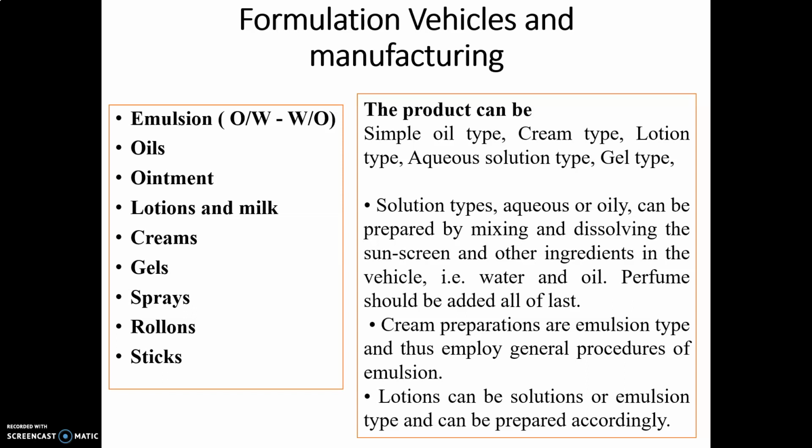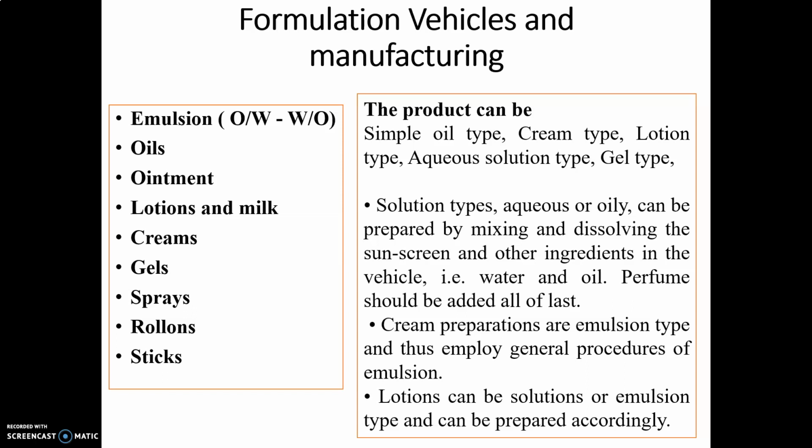So the product can be a simple oil type, cream type, lotion type, aqueous solution type, or gel type. Solution type, aqueous or oily, may be there in the market. It is simply prepared by mixing and dissolving the sunscreen agent and the other ingredients into a suitable vehicle. It may be an oily vehicle or an aqueous vehicle, that is, water or oil.